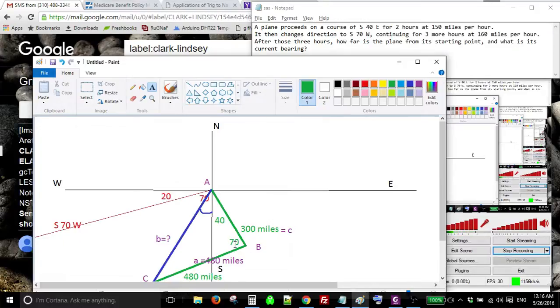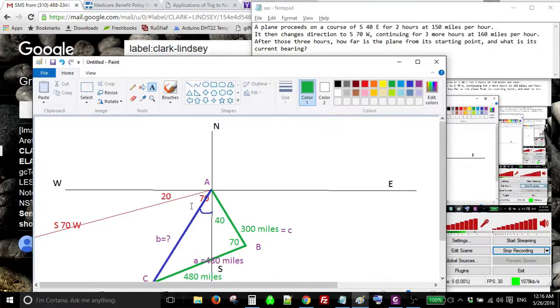That's great. All right. Now, there are several different ways to have arrived at this 70 degree angle. I could also have used this line here.